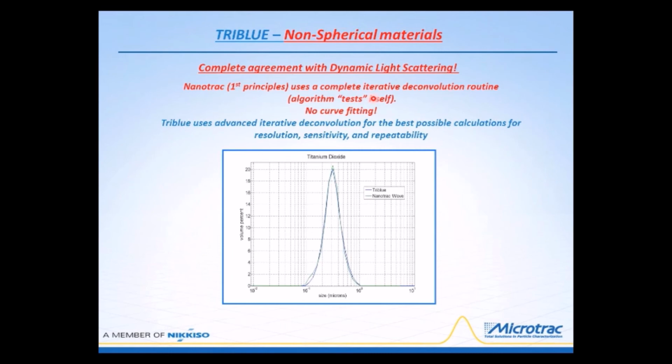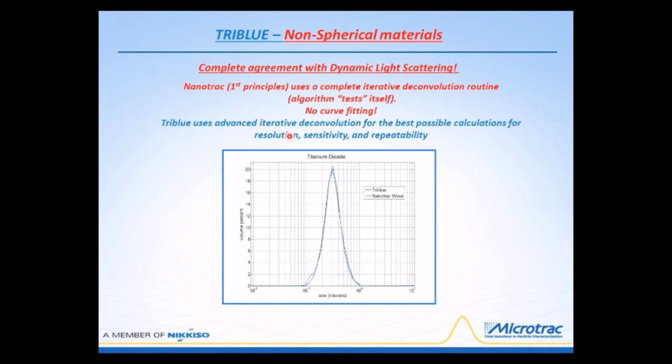I know that's kind of fraught with difficulties, but it does happen. But there is no curve fitting in the Nanotrac, and we do a full iterative deconvolution routine. Not all dynamic light scattering instruments do that, but we do it because we're looking for anything that can be involved with the distribution.